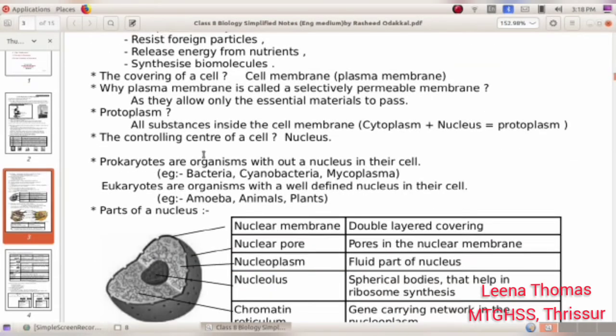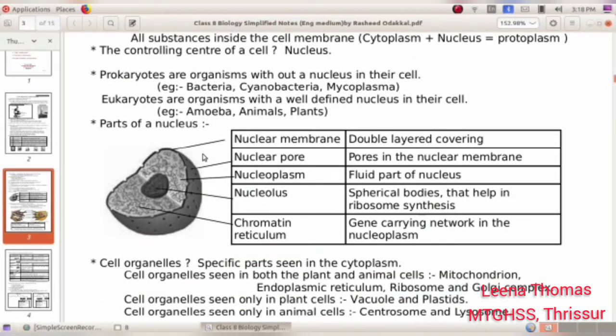What is the difference between prokaryotes and eukaryotes? Prokaryotes are organisms without a nucleus in their cell. Examples: bacteria, cyanobacteria, mycoplasma, etc. Eukaryotes are organisms with a well-defined nucleus in their cell. Examples are amoeba, all animals and all plants.